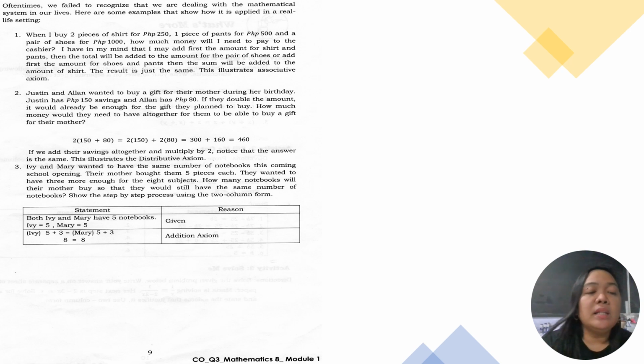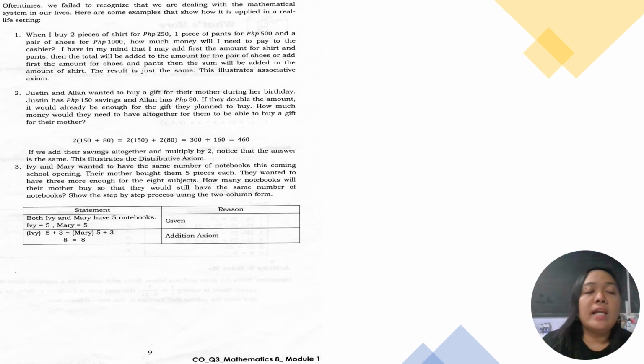So what comes to your mind is, what are you going to add first? Will it be the t-shirt plus the pants? You add them together, get their sum, and then add the sum to the pair of shoes.